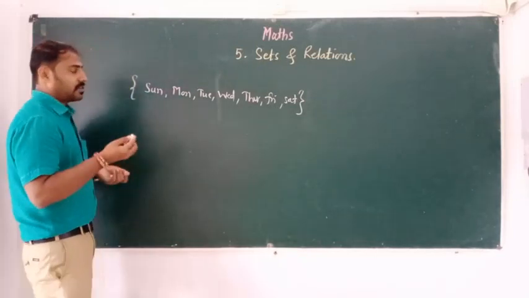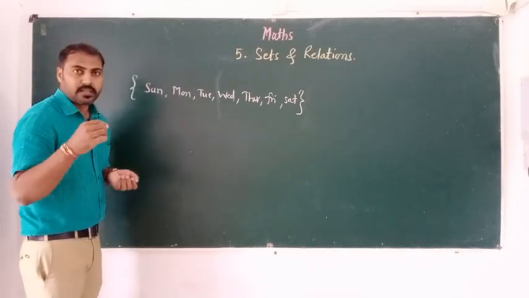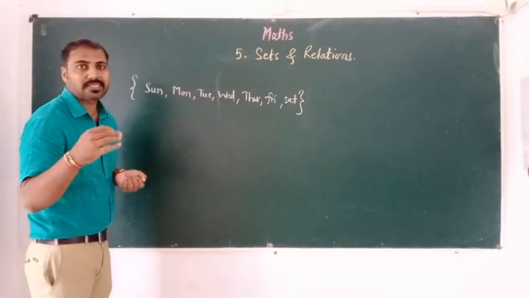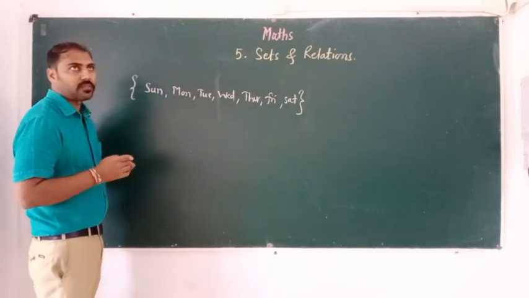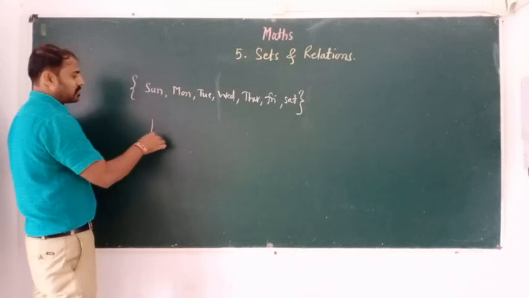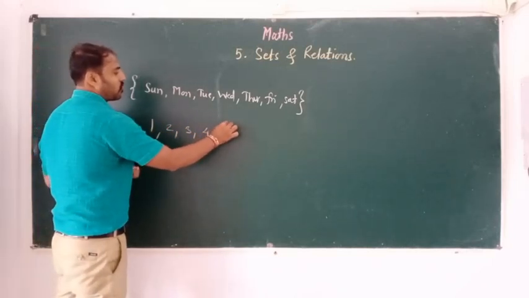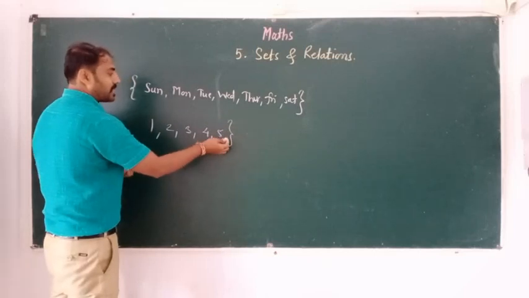Third, I can take one more example: natural numbers less than 5. If I ask for the natural numbers less than 5, the answer is 1, 2, 3, 4, 5. No, less than or equal to 5.